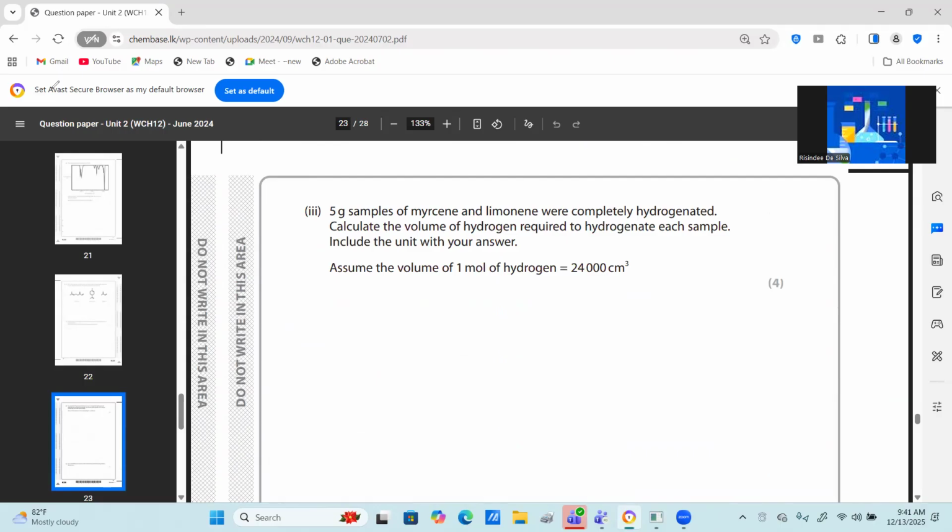5-gram samples of myrcene and limonene were completely hydrogenated. Calculate the volume of hydrogen required to hydrogenate. So you can easily find the number of moles of myrcene. When you divide 5 grams by 136, you get 0.0367.